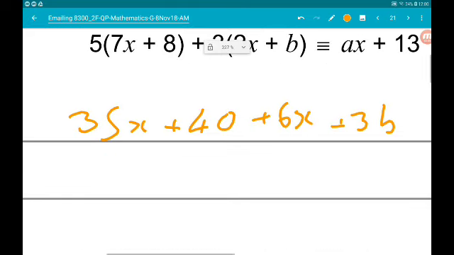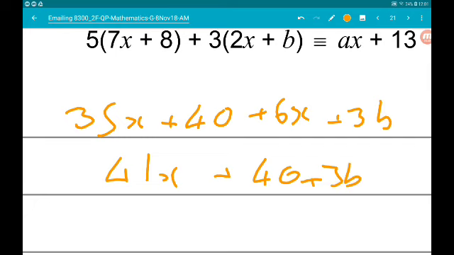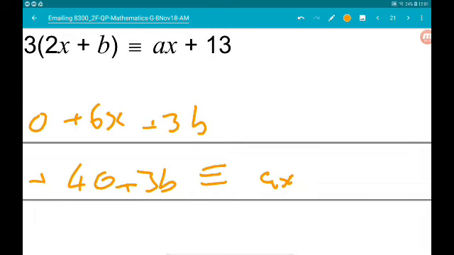We've got 35x add 6x, that's 41x. And then we've got 40 add 3b. Now we know that that is identical to ax add 13.